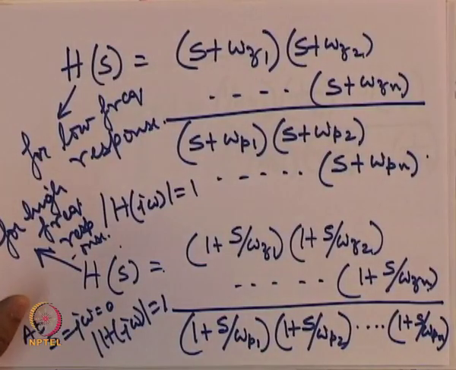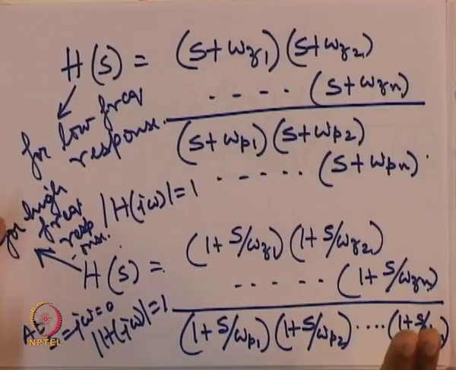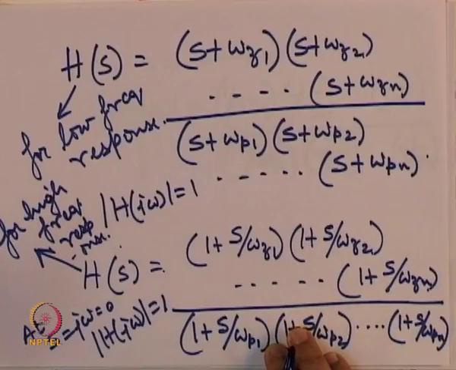So the difference is just the values of these omega z's and omega p's, that is what makes the difference between high frequency response and a low frequency response. So now let us see how we can obtain the value of omega h that we had described previously.